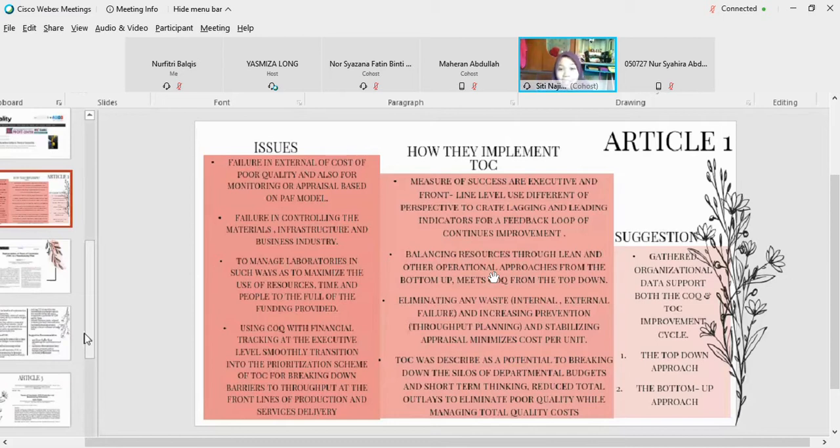So, in this article, they gather organizational data to support both COQ and TOC for the improvement cycle. There are two approaches in this article, which are the top-down approach and the bottom-up approach.